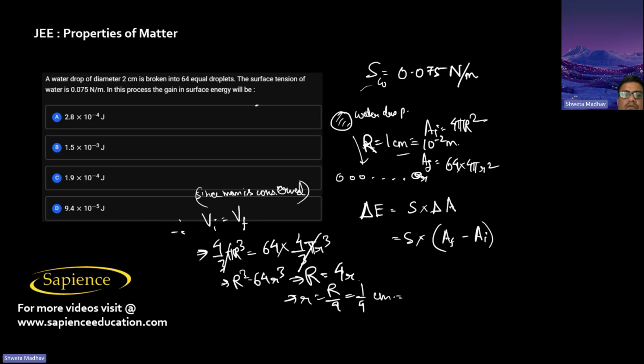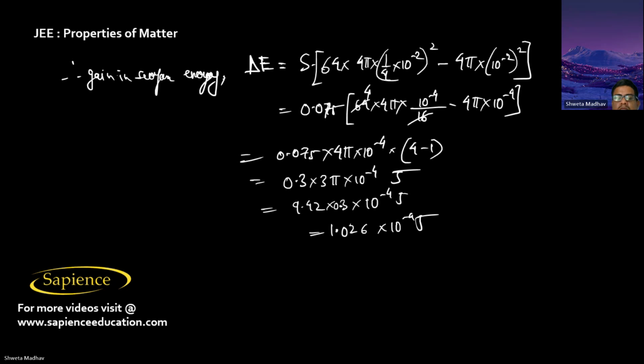That is equal to r by 4, so 1 by 4 centimeter. So this is 0.075 into 4, 4 5 20, 4 7 28, so 0.3 into 3 pi into 10 power minus 4. 3 pi is 3.14 into 3, which is 9.42.